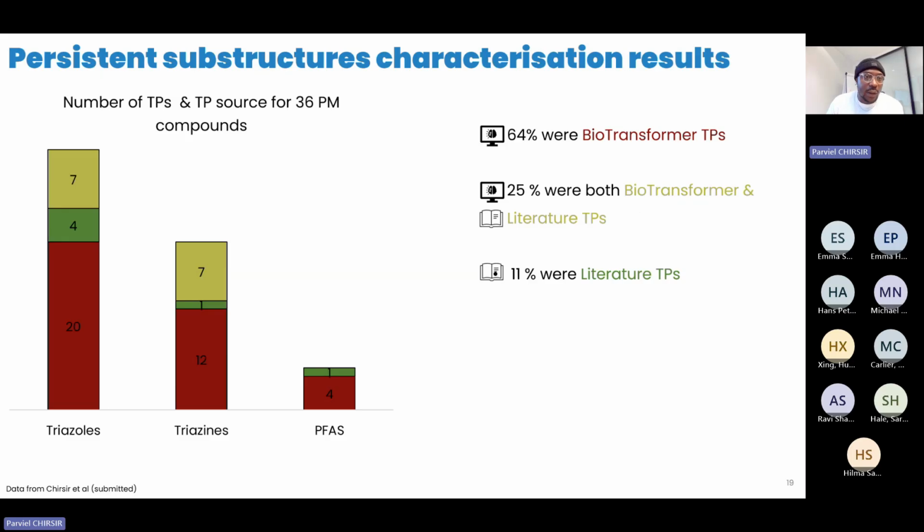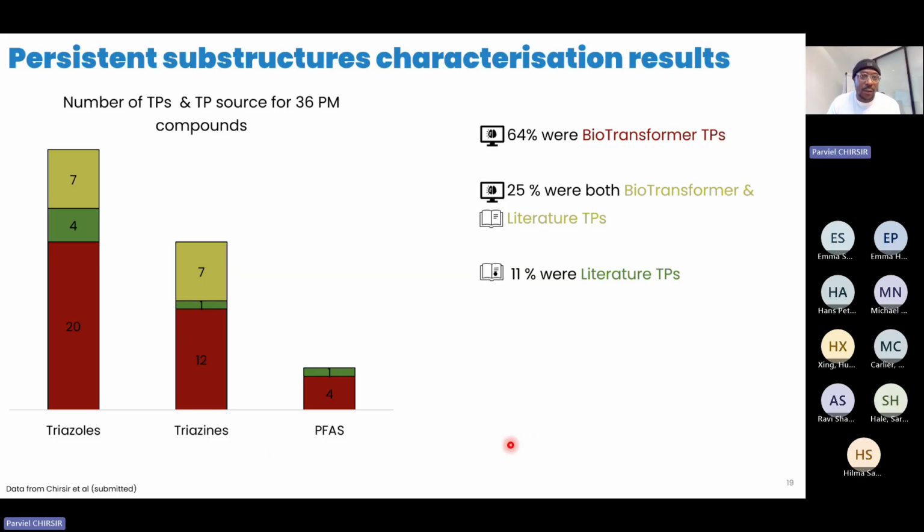Now, for the second part, using the 36 PM compounds, in total, 56 TPs were identified from 20 precursor or parent compounds. The majority of these annotated TPs were from the triazoles, followed by the triazines, and then PFAS.